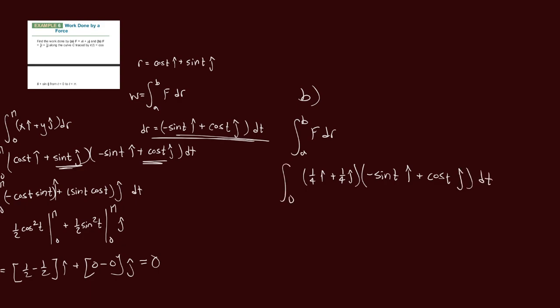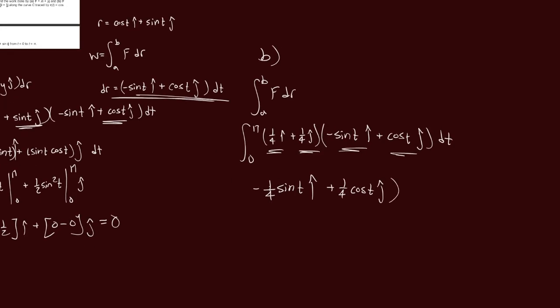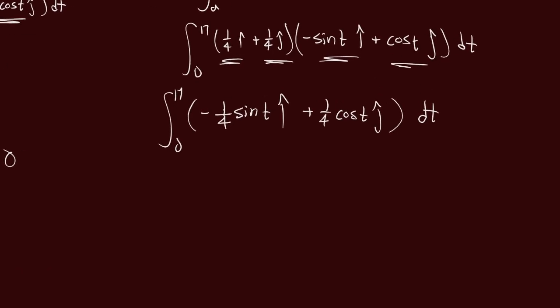And we integrate from 0 to pi. So we just times this by this. So this will be our i plus this by this. Okay, and now we just integrate these two, so that's pretty easy.